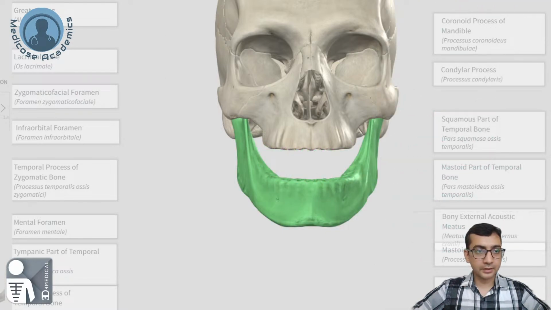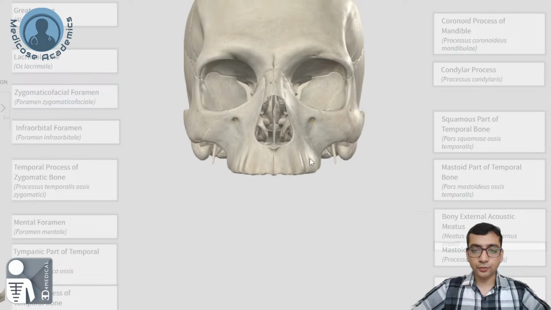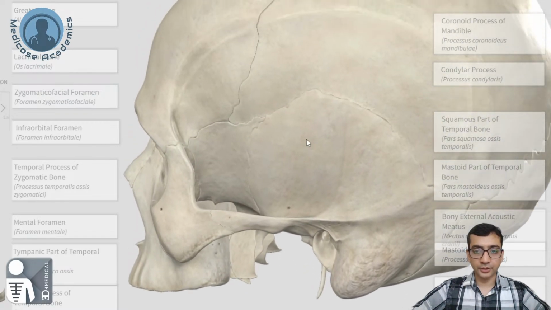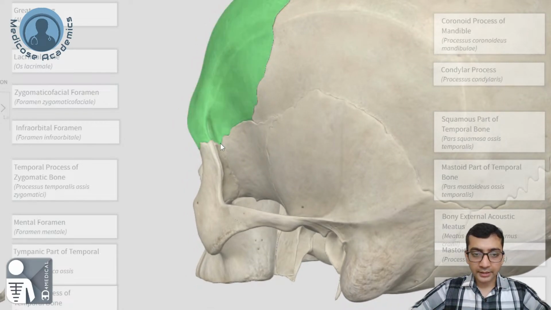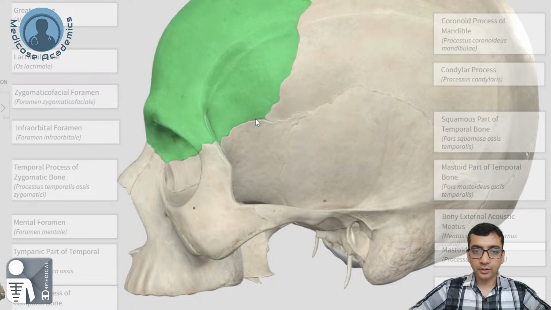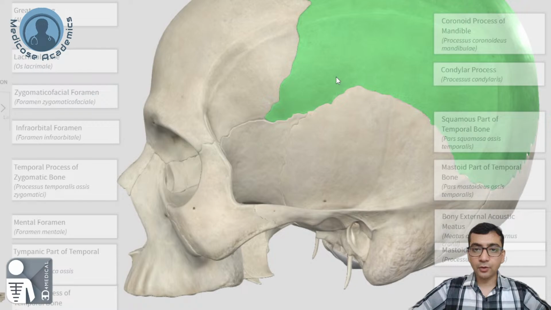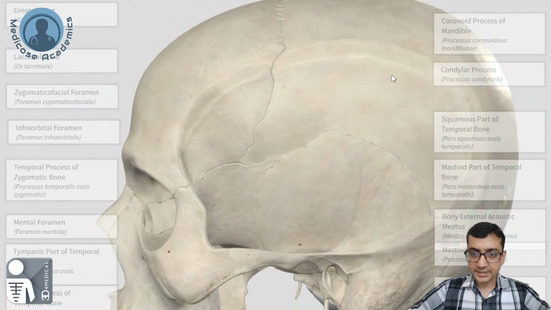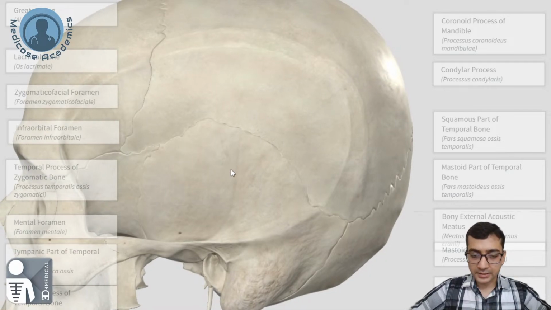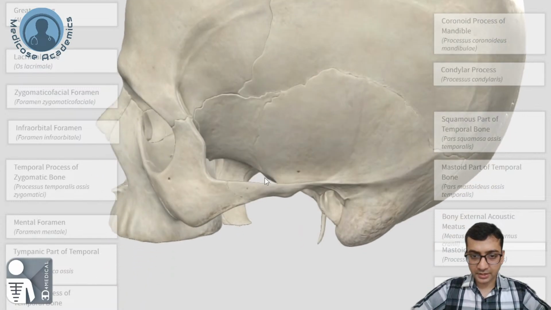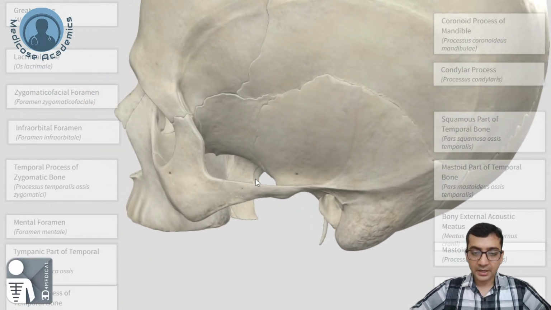So we are left with the skull. This is the temporal fossa. We talked about the anterior wall. We talked about the medial wall containing a set of four bones, these ones. Then we talked about the superior, this line, and the posterior, this line, and the lateral, not shown in the picture, and then we are left with the inferior.